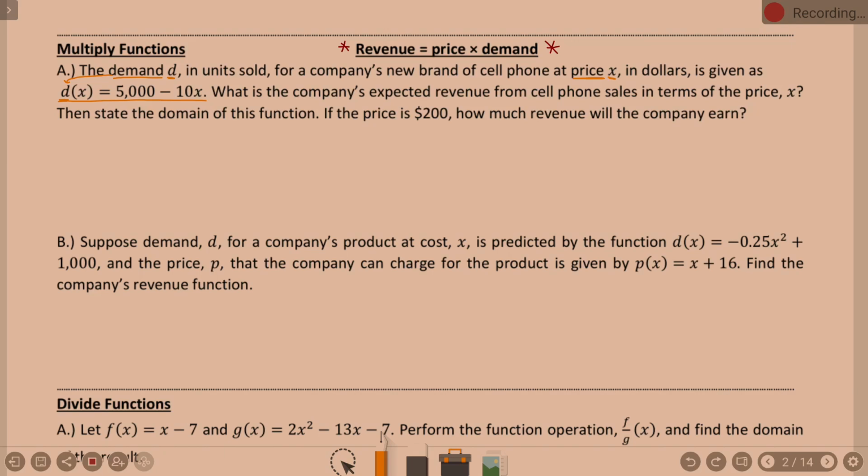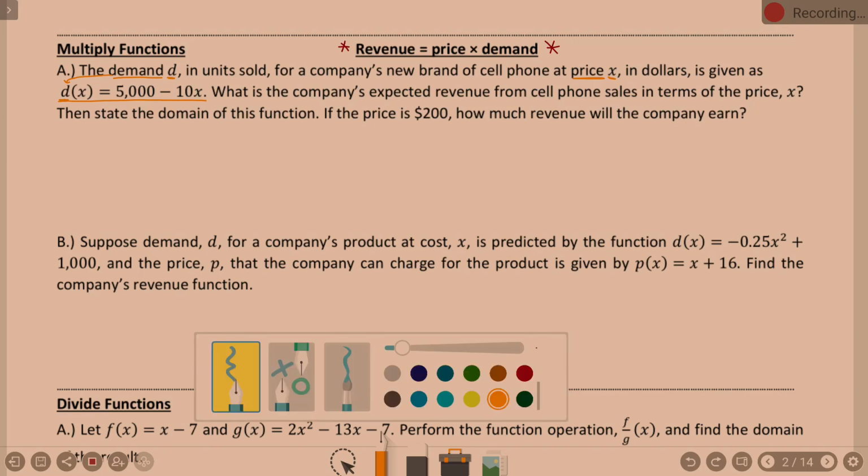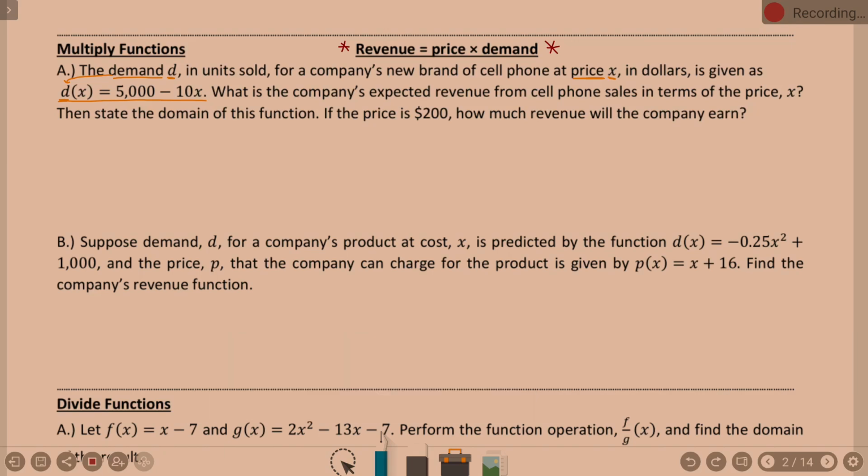Now, first question. What is the company's expected revenue from cell phone sales in terms of the price X? They're asking me for the revenue. How do we find revenue? Price times demand.